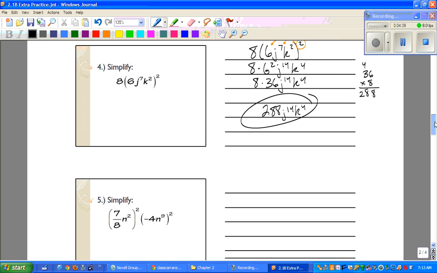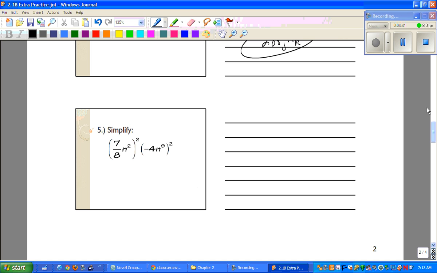All right, let's move on down to number 5, starting to work with fractions. So 7 over 8n squared all to the 2nd power times negative 4n to the 9th squared. Let's go ahead and distribute. And just remember that that goes to everything, okay?